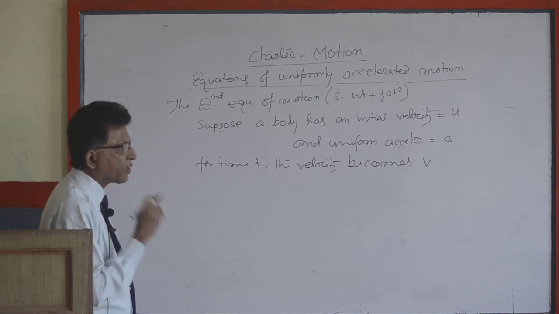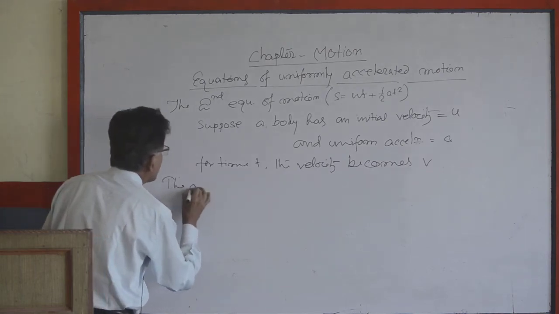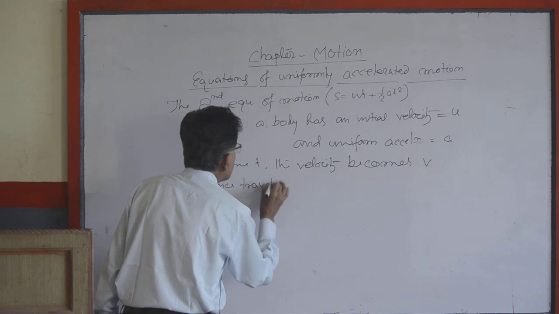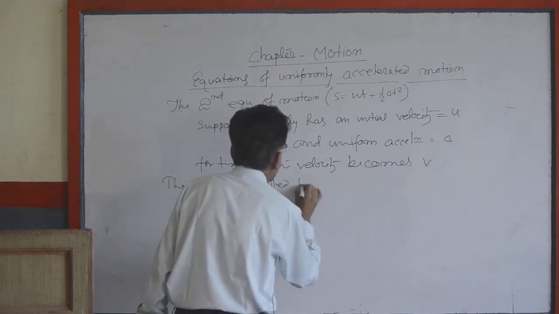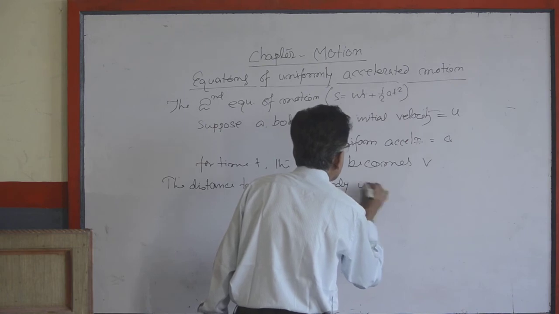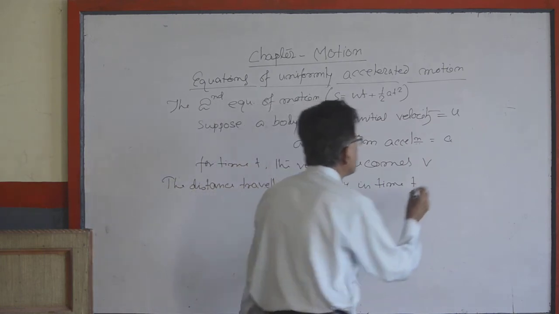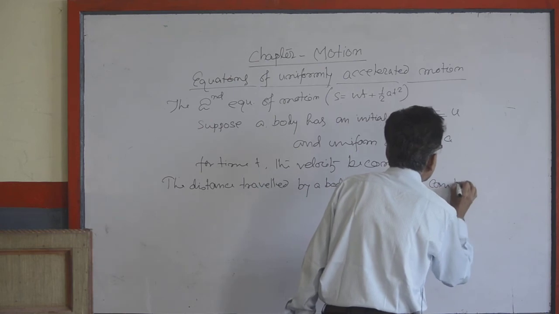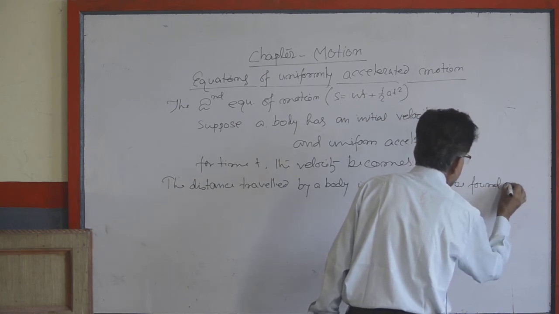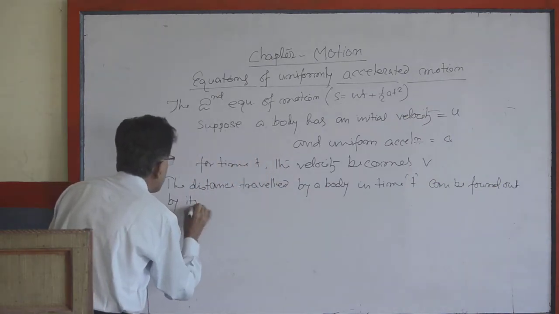The distance travelled by a body in time t can be found out by its average velocity.